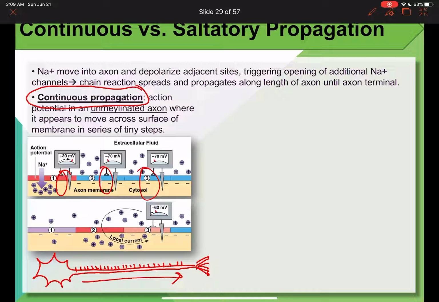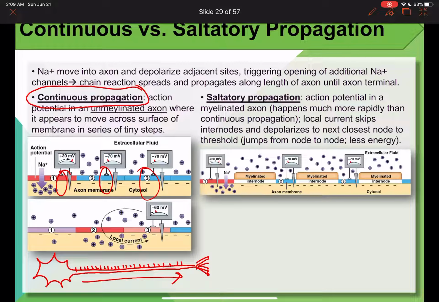Now, in a neuron, on the other hand, if a neuron has what we call myelin sheath, we call it a myelinated neuron. These are those with myelin sheath surrounding areas of the axon that creates areas of internodes and areas of a node here.